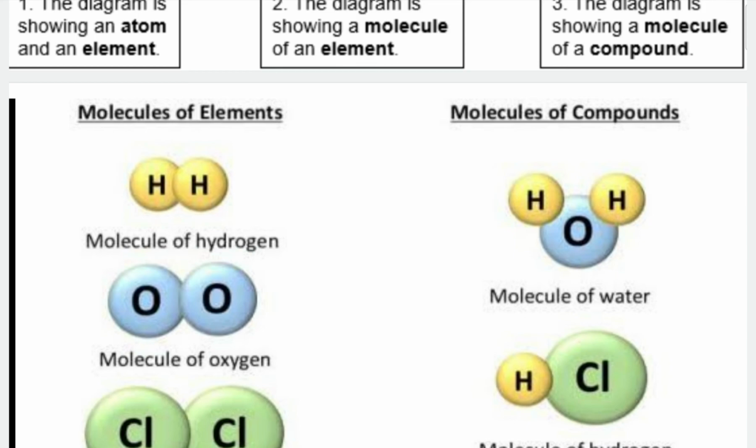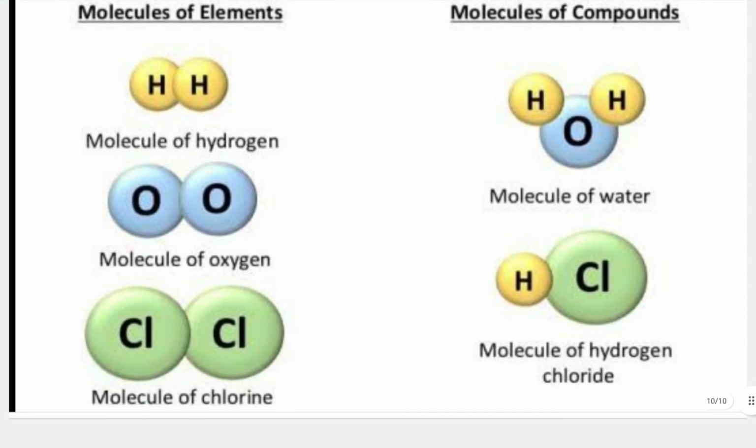If two or more atoms are bonded together, it is known as a molecule, and if it is the same type, it is known as a molecule of an element. If a substance contains different types of atoms, it is known as a compound, and it is also known as a molecule of a compound. So we can give a common name to this.